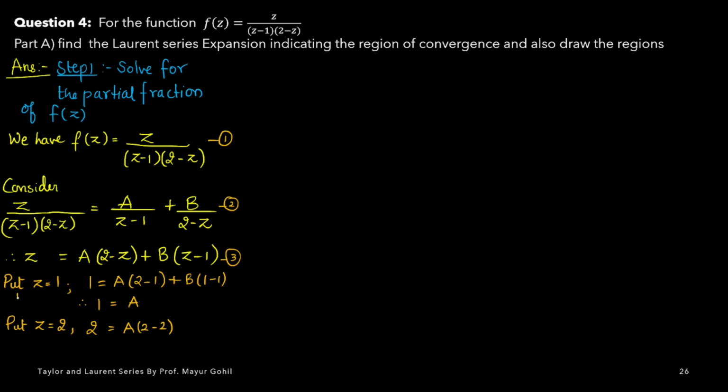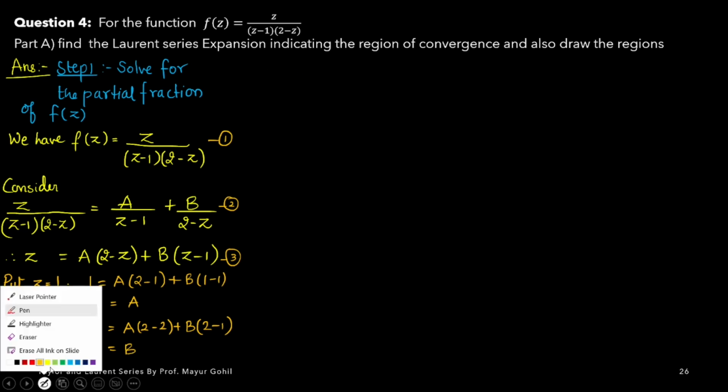All these we are putting in equation 3. Putting z equals 2 in 3, you get 2 equals a times (2 minus 2) plus b times (2 minus 1). Now what we get over here is 2 is equal to b.